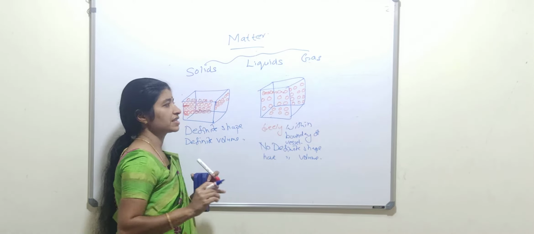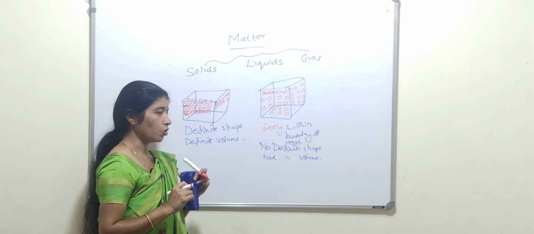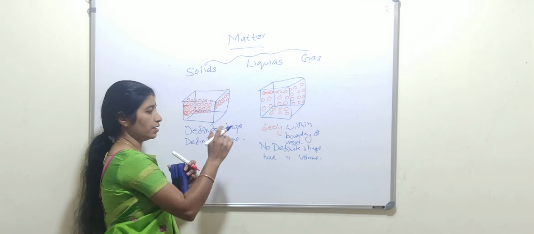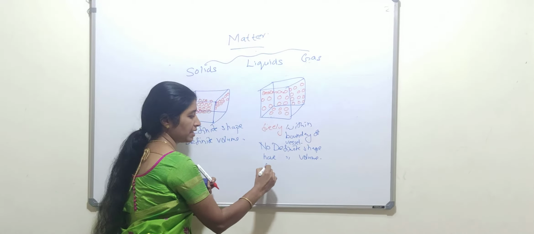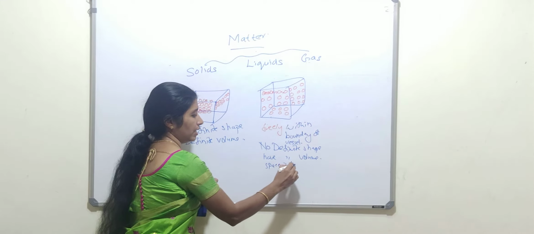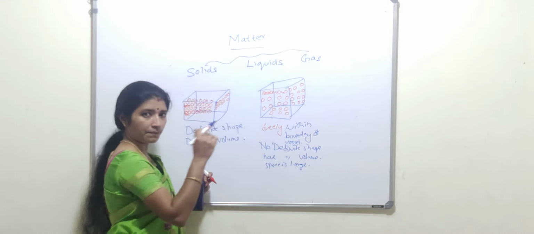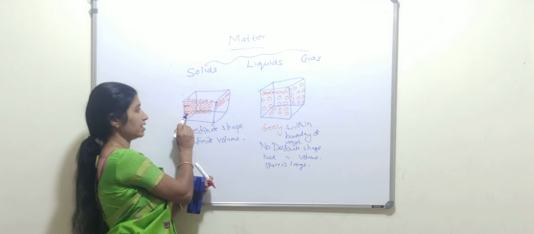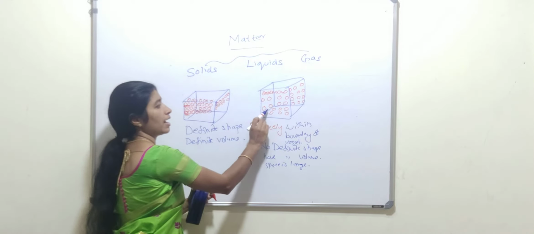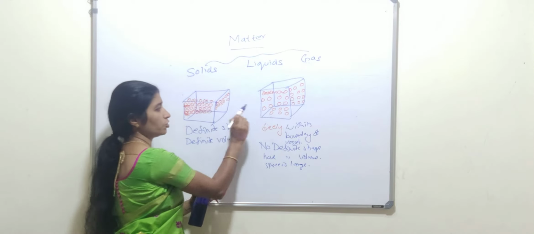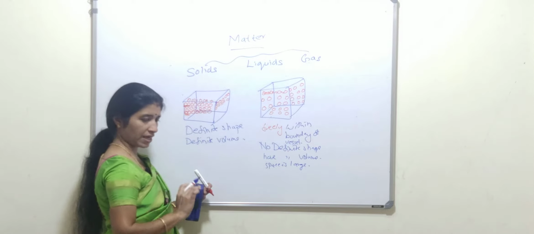Since there is a small space available between the molecules, the intermolecular space is large compared to solids. As you can see, the space in solids is very small and in liquids it is larger.